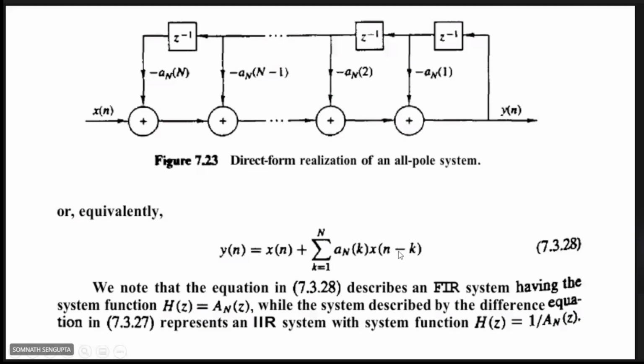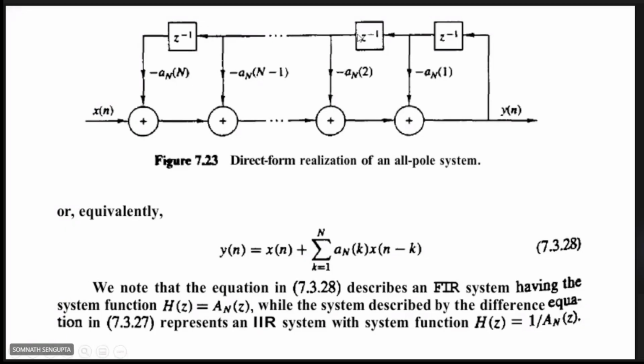This equation. Now, in the top side you see one figure, the direct form realization of all pole system. All pole means there is feedback from output to input. So it is a recursive system. IIR system is a recursive system. So the first stage output y[n] is delayed, y[n minus 1], then it is multiplied with a_N(1).